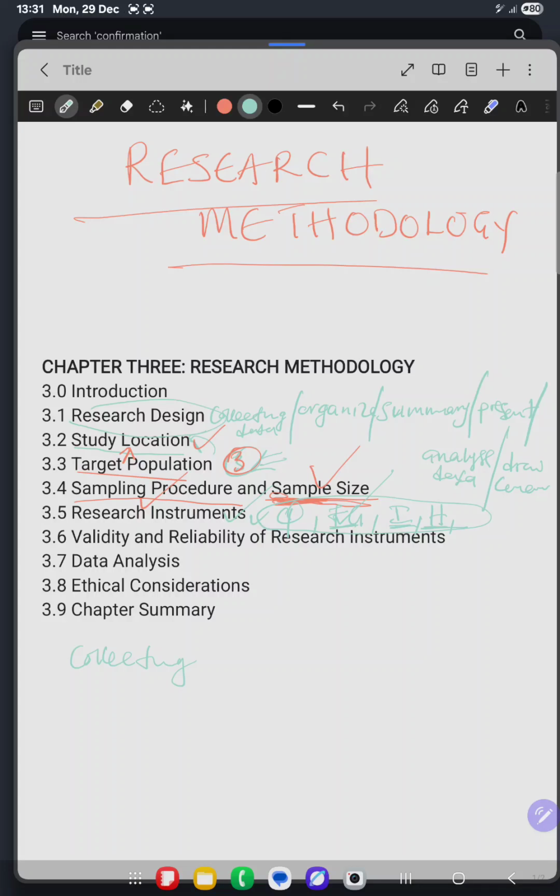You are discussing and trying to find out why certain things are happening in that particular manner. Interviews. This is where you get to interview the respondents, maybe one by one, and get answers to your research question or topic.